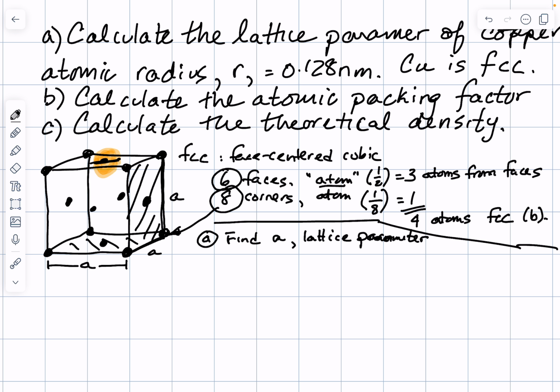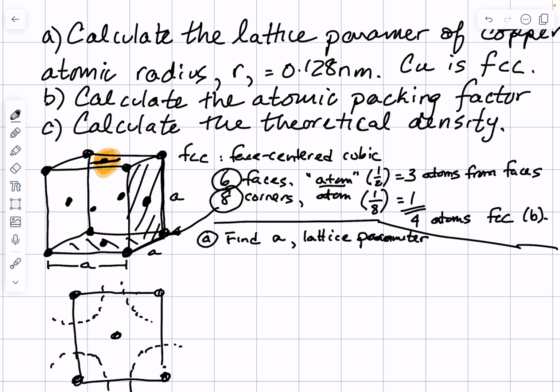Now what I'd like to do is pull out just the front face here. So I'm not drawing the rest of the crystal, I'm just drawing the front face. We've got an atom in the middle of the face. We've got atoms at the corners. And now, if I draw atoms closer to actual size, you can perhaps see where touching happens.